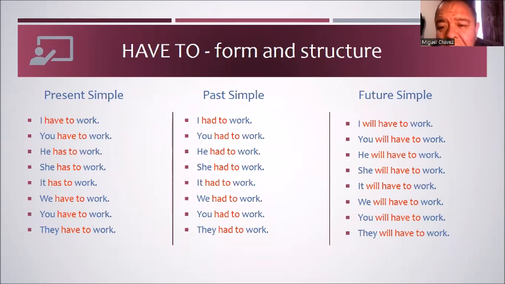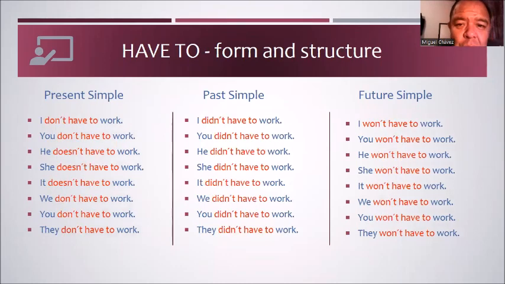In the future, we use the auxiliary verb will, followed by have to. I will have to work, and we are expressing a future obligation. The same as had, in future, we are going to use the auxiliary verb will with any subject.